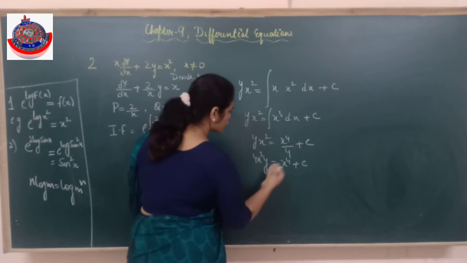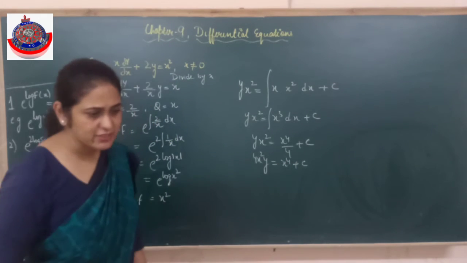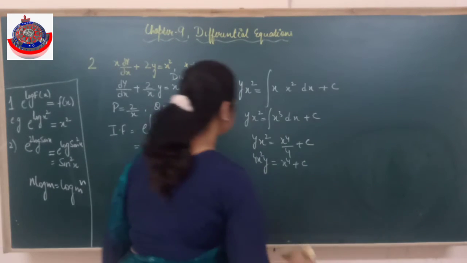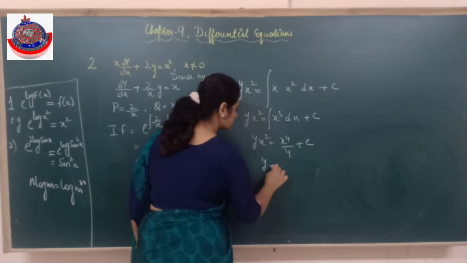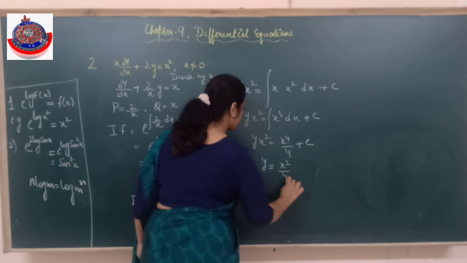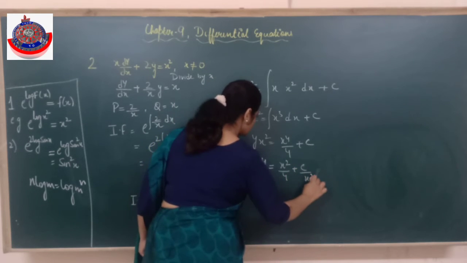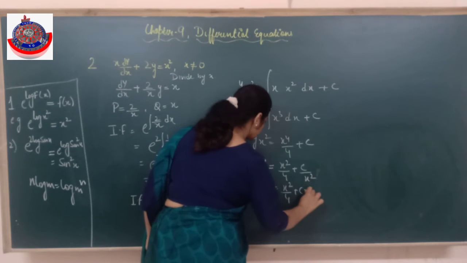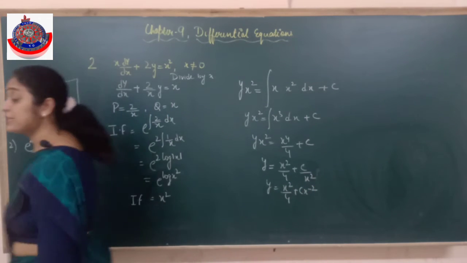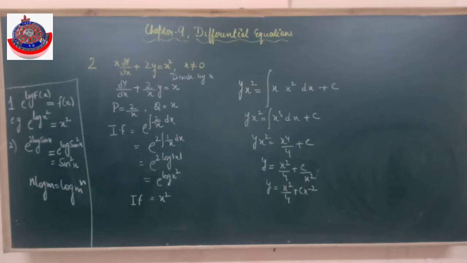Alright, or you can take 4 also. I would have taken only x square to that side. Is it clear? So the solution can be written in this form. So I told you, as many simplifications as you can do, you have to do. Clear, children? I hope it's clear to everyone.